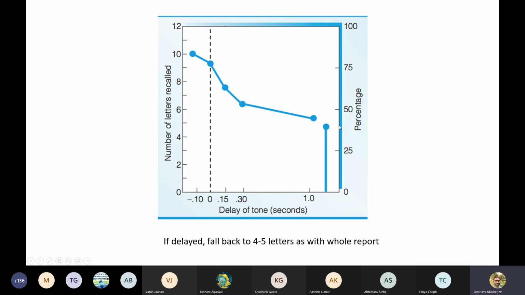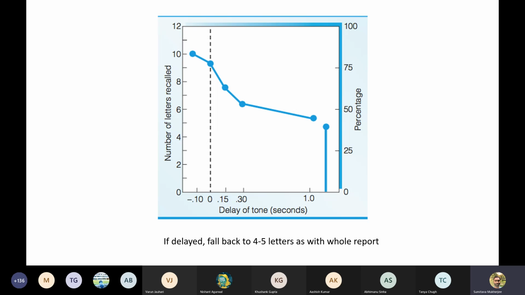Because if the cue comes much later, it has already faded from your sensory memory anyway. But if you introduce a cue, you can show that your sensory register has much higher value than what people previously thought, which is the same thing that you all were saying, between 2 to 4, or somebody said 6, but typically it's between 4 to 5, or 4 is a good number.